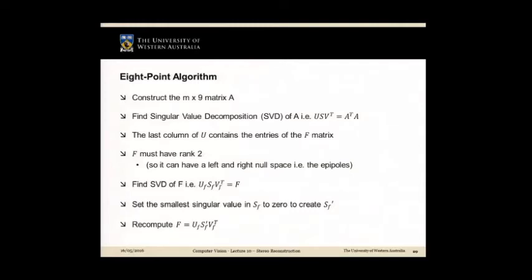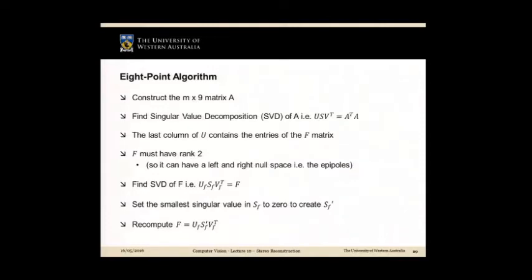So you apply SVD again on your F matrix, you get your new values of U, S, and V. You force the smallest singular value in SF to 0, and then you recompute F just by multiplying UF and VF transpose with the new value SF dash. And that gives you your fundamental matrix.